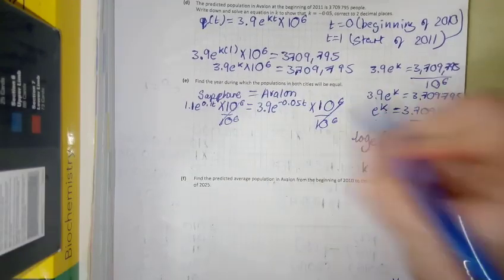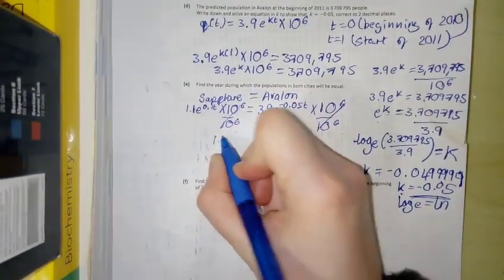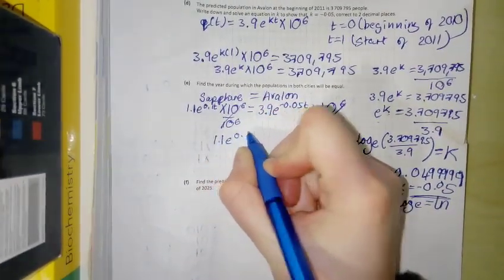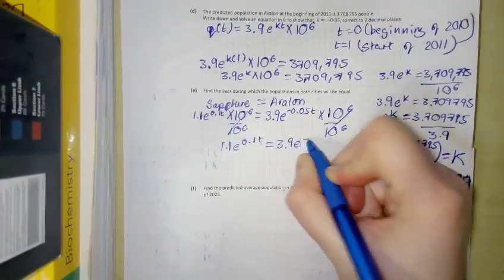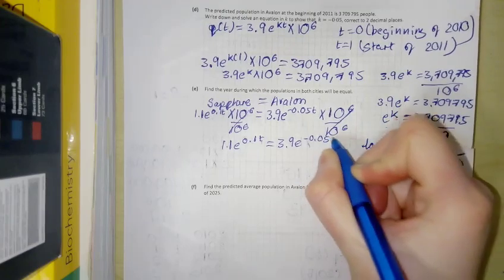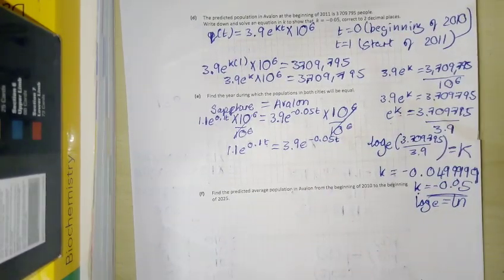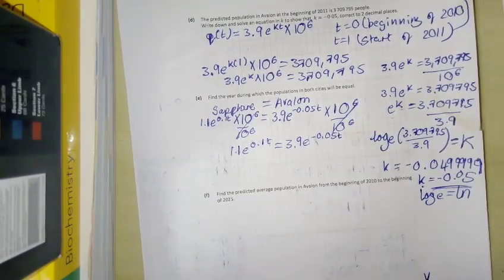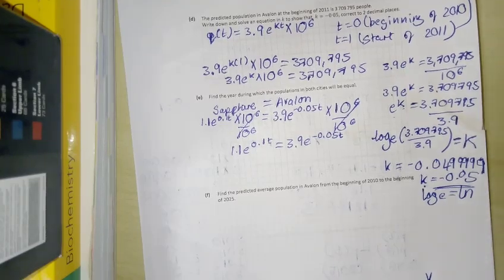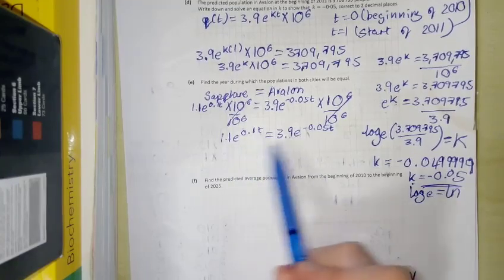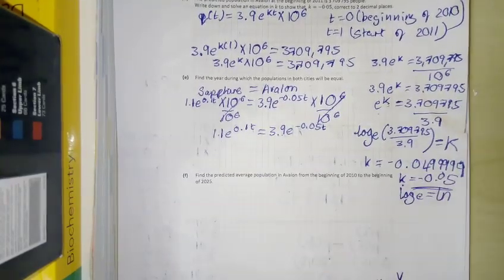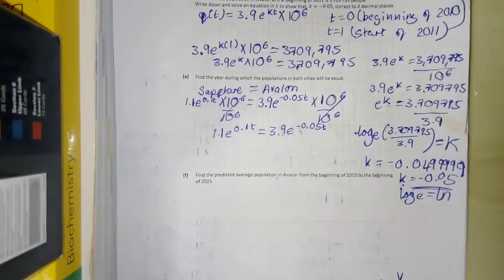and they will cancel, and then we're left with 1.1 e^(0.1t) is equal to 3.9 e^(0.05t). What we can do now is get the exponentials by themselves.